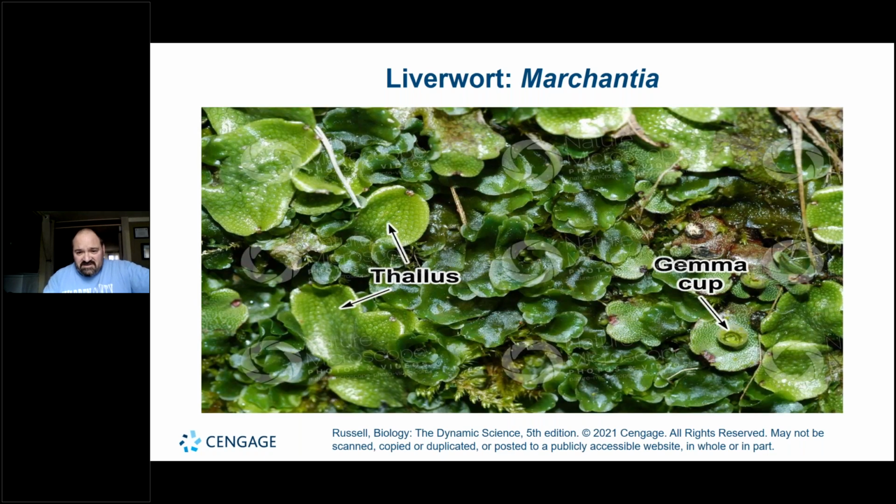So you'll see here, cool, right? So here's the thallus. Again, no stomata. You'll see here the cup and the gemmae, which are present within, okay? Which then they can leave, and you'll see here how we have growth throughout this whole little area that we're viewing as far as the liverworts spreading out and growing.